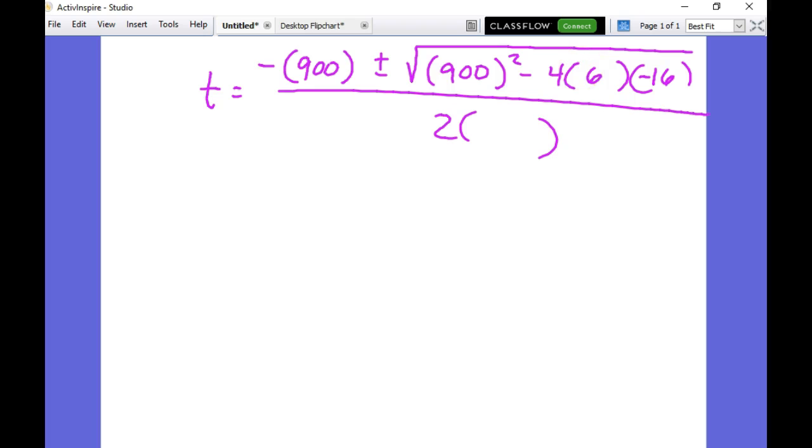I got them backwards. Yeah, it doesn't matter, but just to be consistent, I'll write it correctly so people aren't confused. There we go. And we get to do a lot of calculator work here, so let's do it.